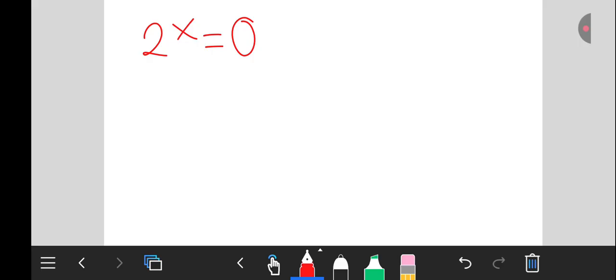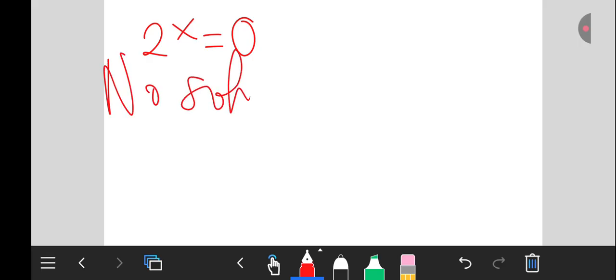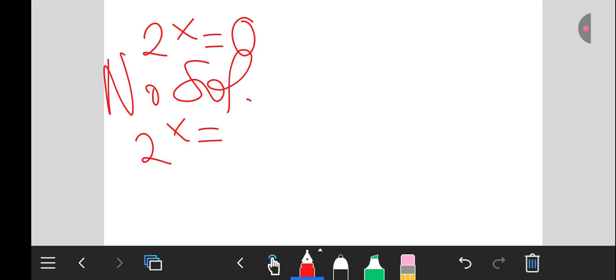So this one has no solutions. Then we will get back to the second solution, which was 8. So 2 to the power x is equal to 8.